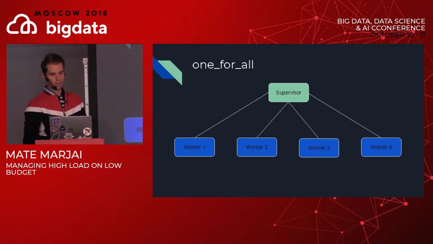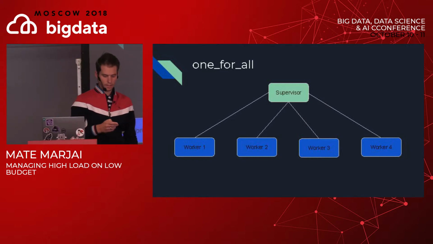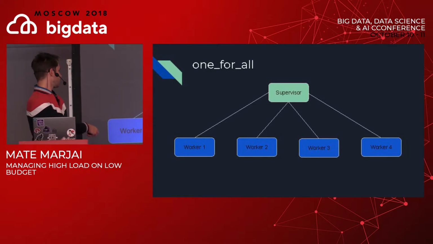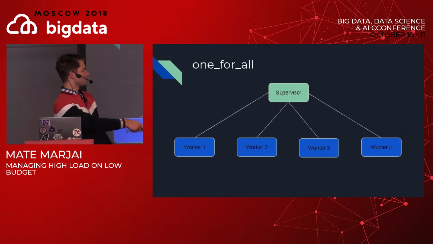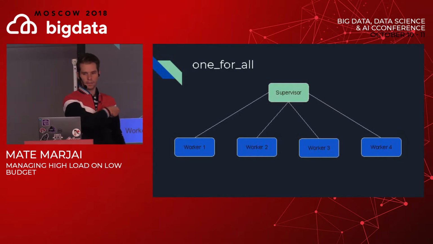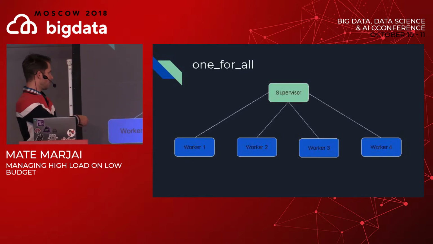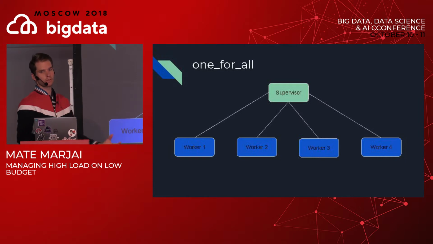There's another strategy called one-for-all. This is commonly used for cases when these processes, these programs, are heavily dependent on each other and they have to be started in order. Otherwise, your program won't function correctly.